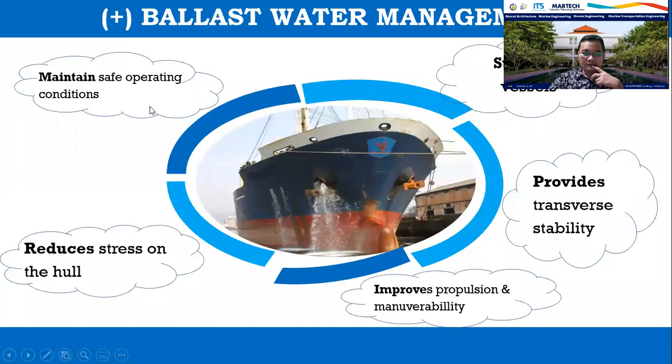Then, what is the purpose of ballast water? First is to maintain a safe operating condition, right? Then the second one is to stabilize the vessel, for instance, providing transverse stability.